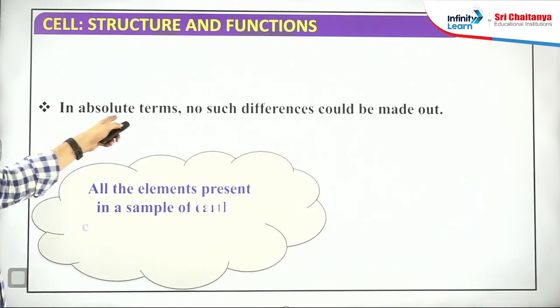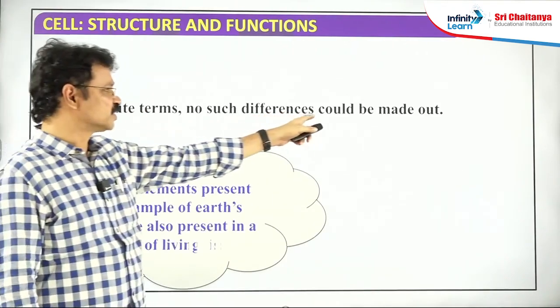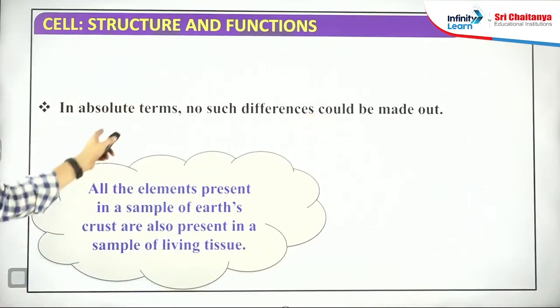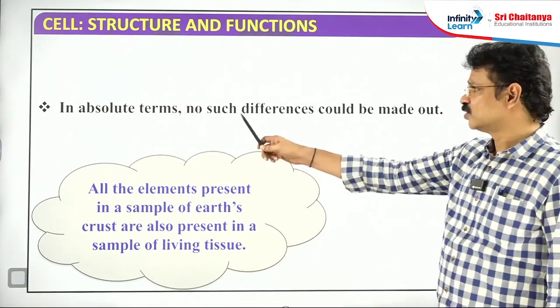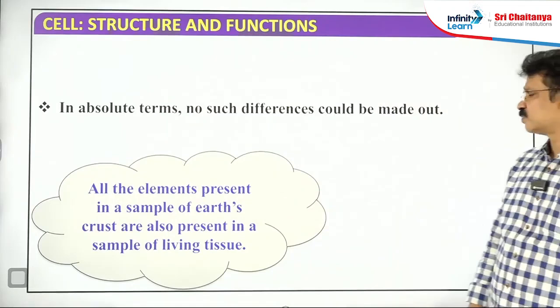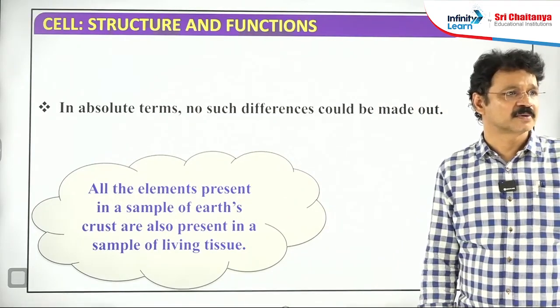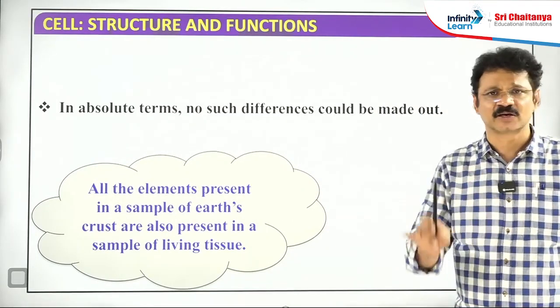Finally, we can say in absolute terms, no such differences could be made out. We can note down these key points: in absolute terms, no such differences could be made out from the list of chemical compounds of the earth crust and human body.